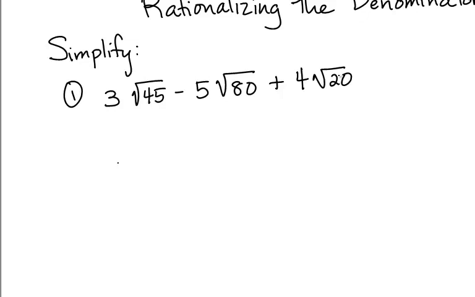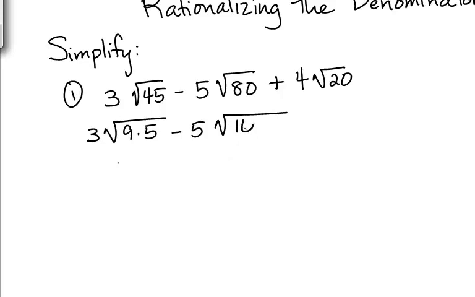You look for the largest perfect square inside. So on 45 it'd be 9. On 80, 16 times 5. And on 20, 4 times 5. You may have to do some scratch work off to the side, but look for the largest perfect squares inside there.